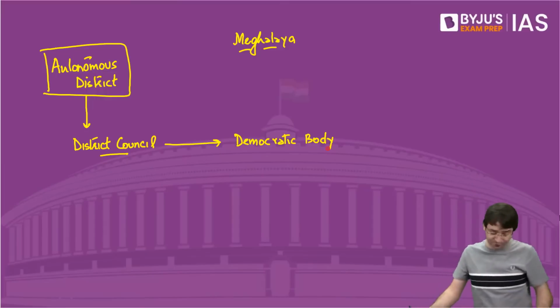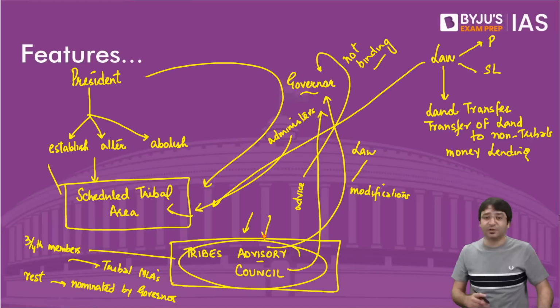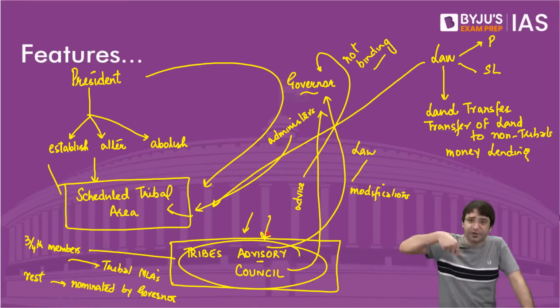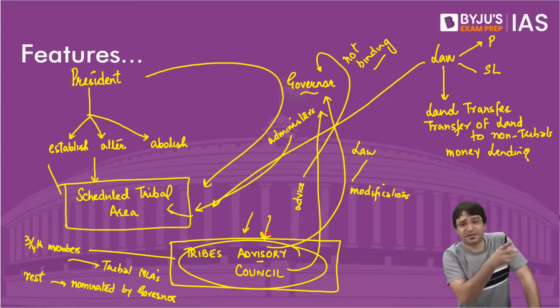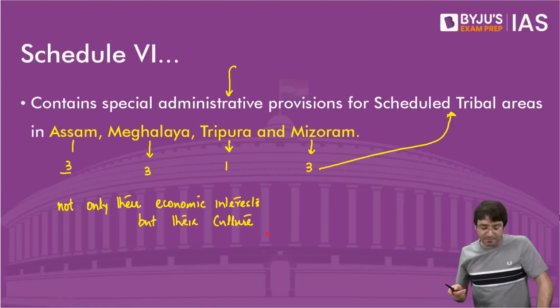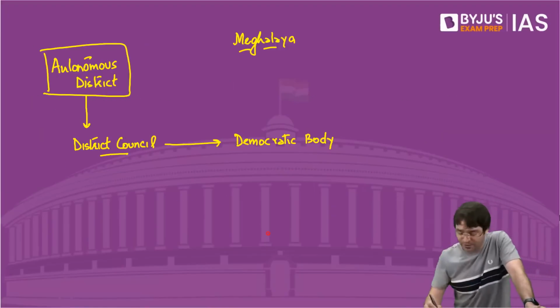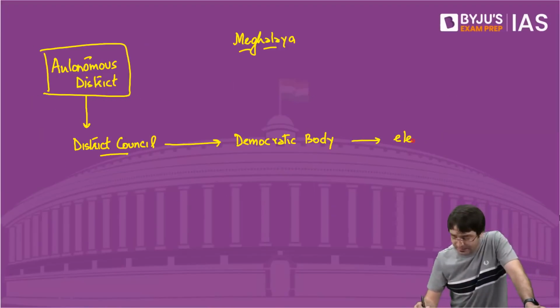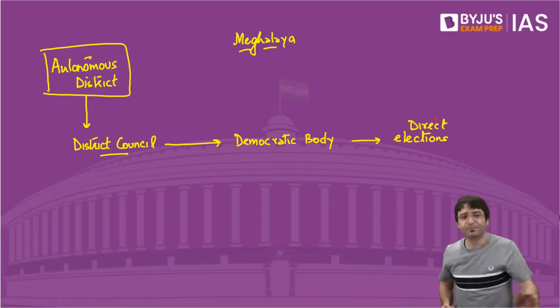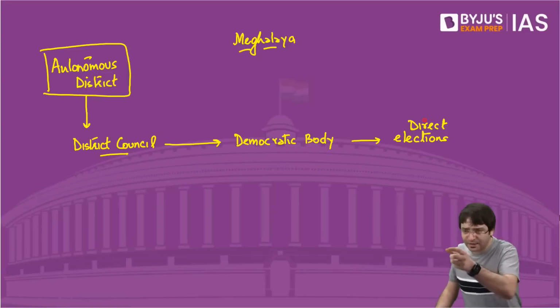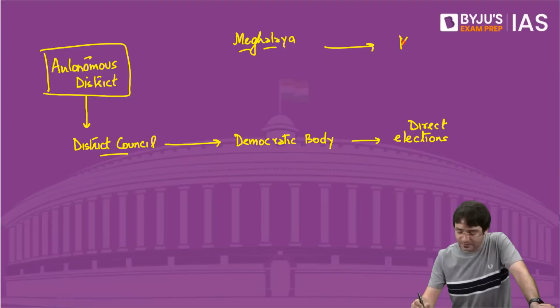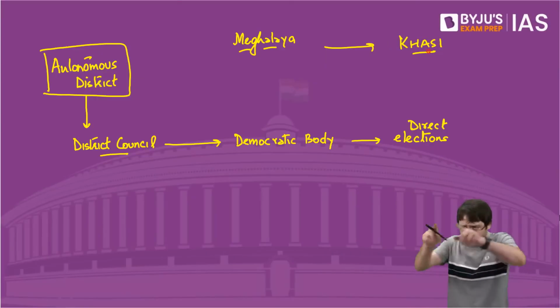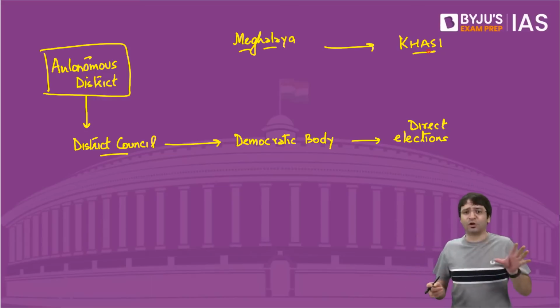How? It's different from Tribes Advisory Council, where MLAs are nominated to this council, where other members are nominated to this council. But this district council is a democratic body, which means elections. That too, direct elections. That means in Meghalaya, if there is one district, Khasi, where Khasis are residing, convert that district into an autonomous district.